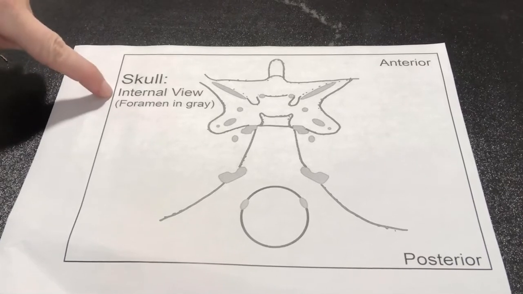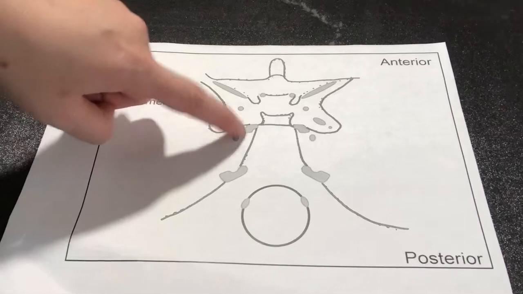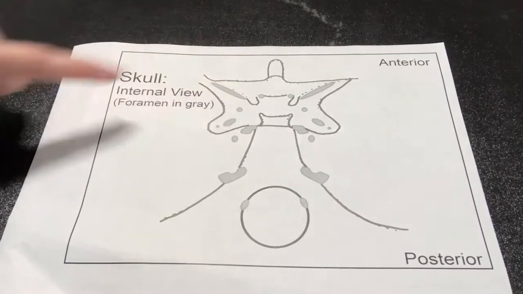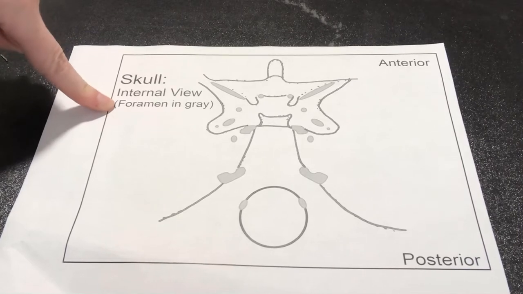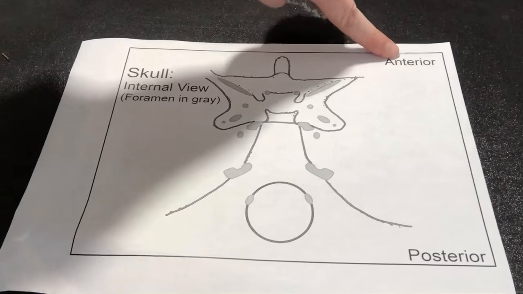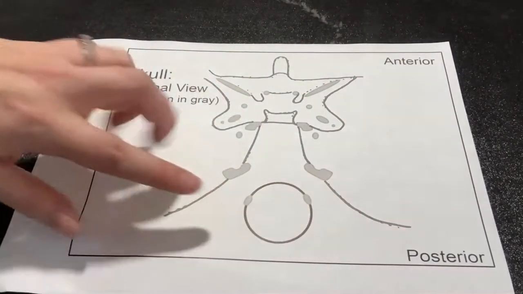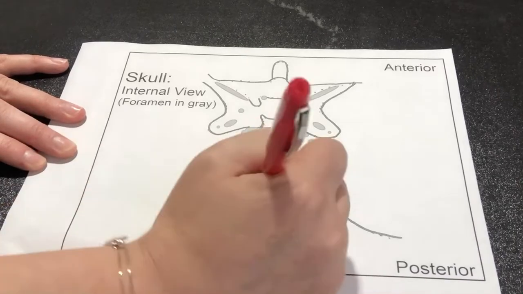One is an internal view, and all of the foramen are grayed out on here. So we're going to start here with the internal view, and just to give you a perspective on where you are, this is the anterior side of the skull, this is posterior, and this opening is the foramen magnum.